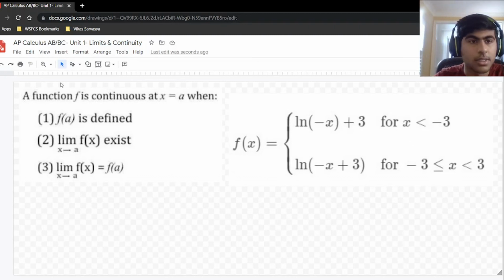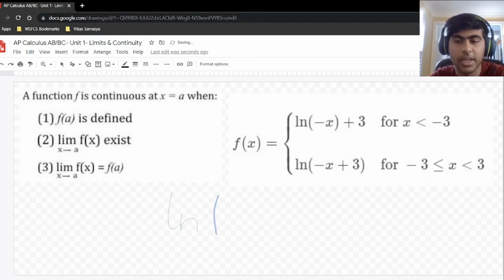Now let's see. If we look at the break here, it is at -3. So the question is, at x equals -3, is it continuous? Now at -3, we have this value right here. You can put the natural log of the negative of -3, which is 3, plus 3.